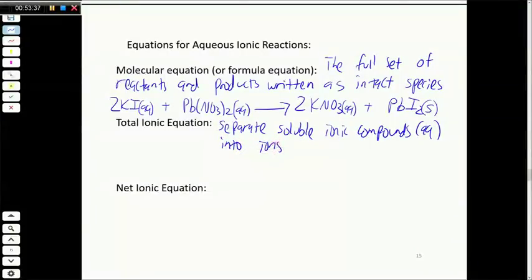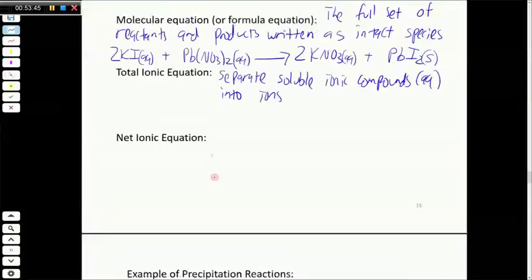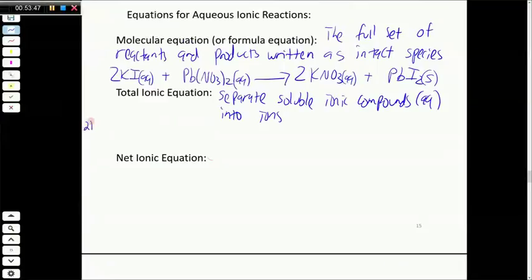And this becomes a little bit long, because we have to separate all of these soluble compounds in the reactants. So if we have 2 KI's that we separate into ions, we would get 2 K plus and 2 I minuses. Each KI has 1 of each, then we have 2, so 2 K plus, 2 I minuses.